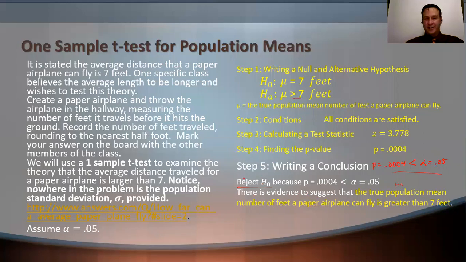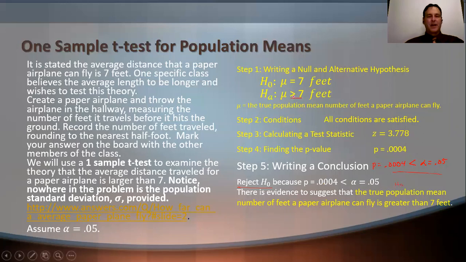If you did not reject, because the p was actually greater than your alpha, then you would say there was no evidence to suggest, okay, just like before. Reminder that in this case we do not have to double our p-value, because we do not have a two-sided test here where there is a not equal to sign where your HA is.